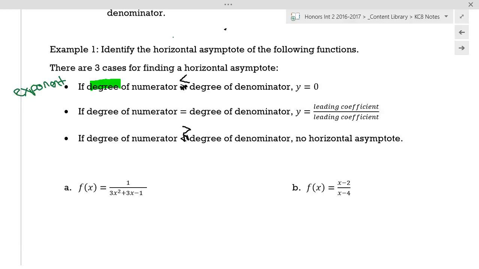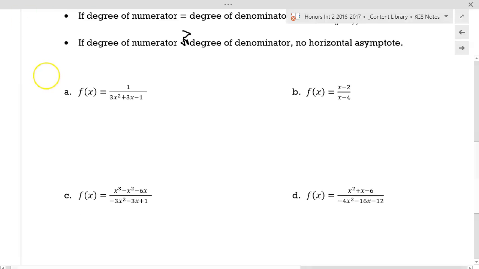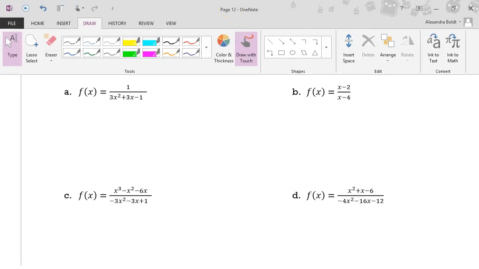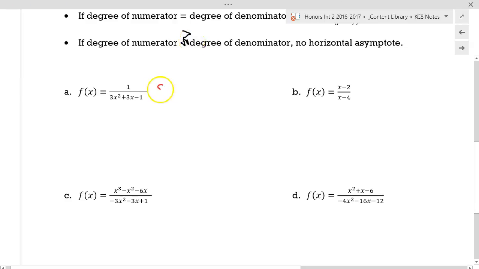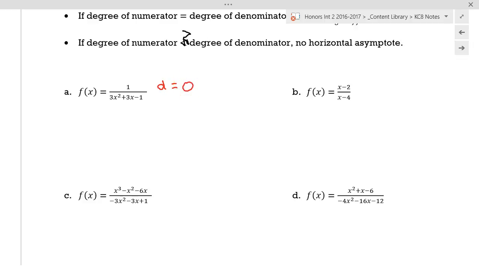Alright, so let's look at A. f of x equals 1 over 3x squared plus 3x minus 1. The degree of my numerator is 0, since there's no variable here. The degree of my denominator is 2, the highest exponent.